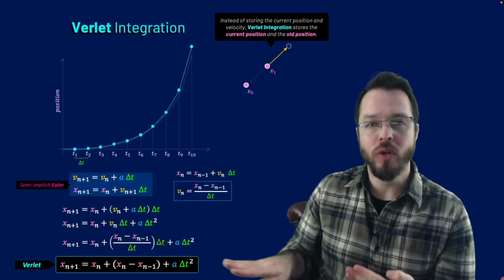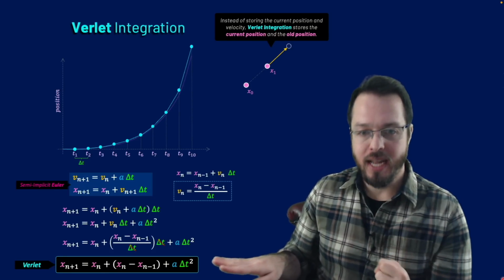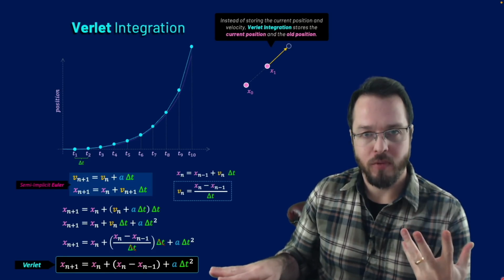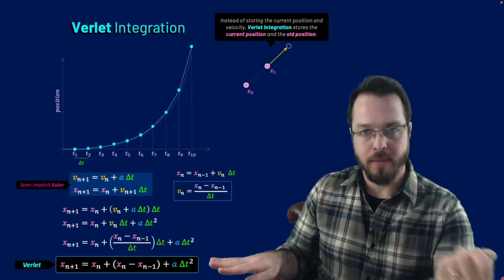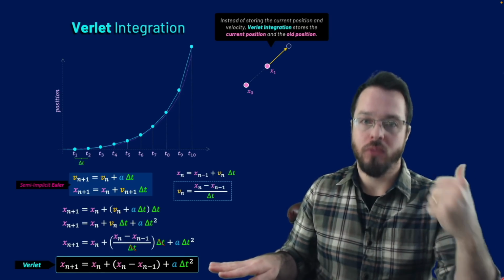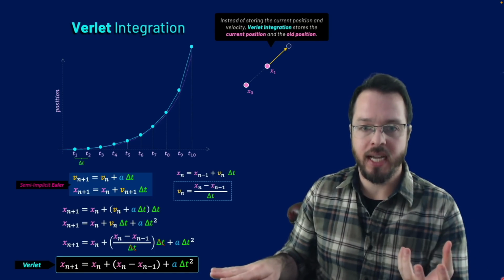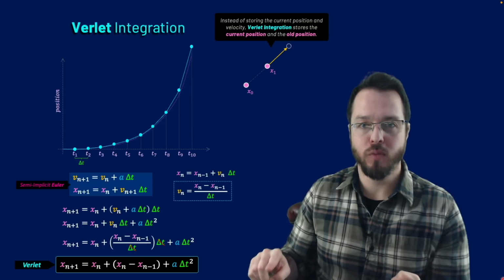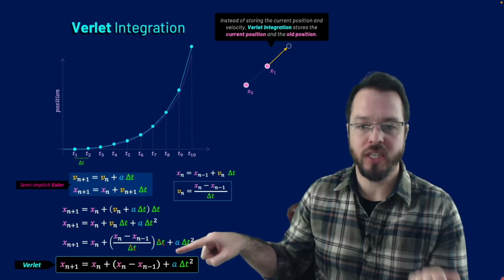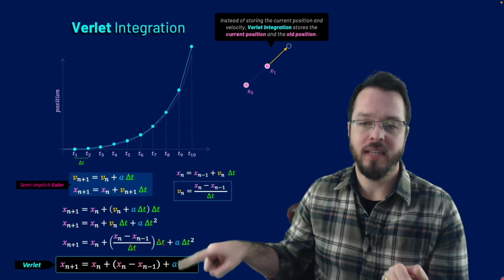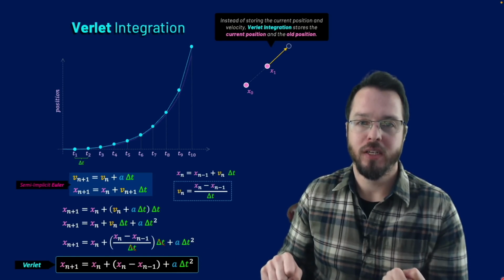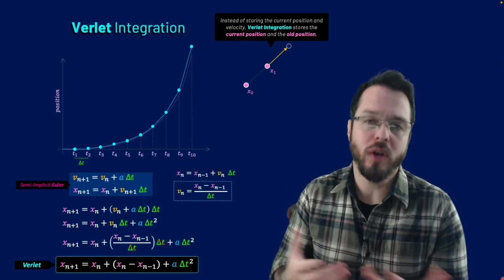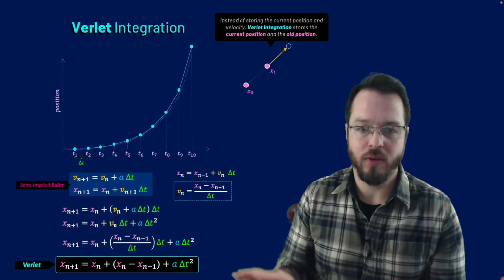But I just like to leave it like this. I don't like to put that 2xn because this makes sense to me intuitively. x of n plus 1 is the current xn plus the difference between xn and xn minus 1, the difference between the current position and the old position, plus acceleration delta time squared. So that 2xn, you can use it if you want, of course, but it's the same thing.